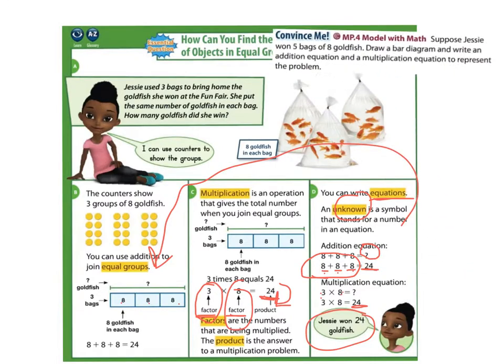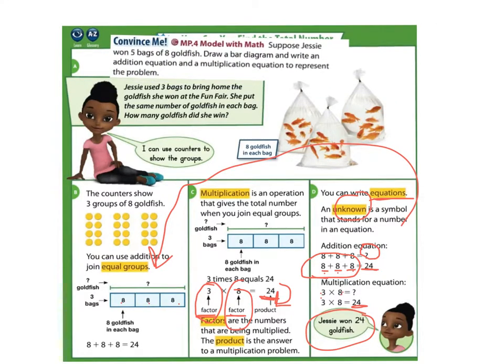Now let's take a look at our convince me problem. Suppose Jessie won 5 bags of goldfish, still with 8 in each bag. So let's draw a bar diagram to represent an addition equation and a multiplication equation to represent the problem. So we know we have 5 bags.